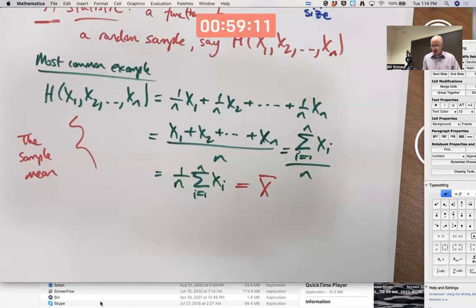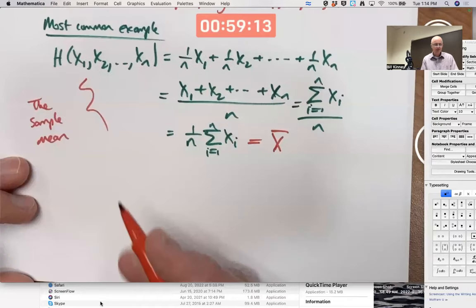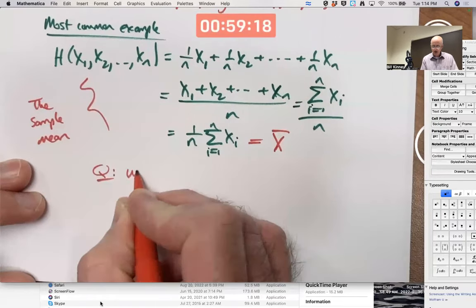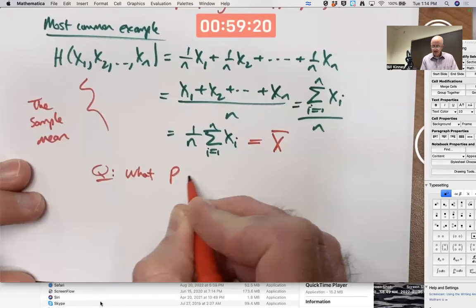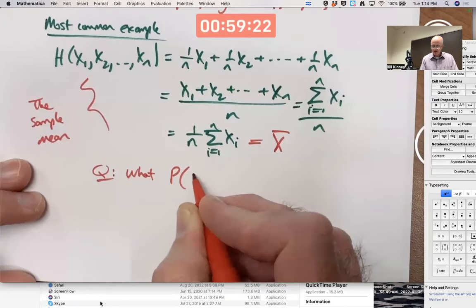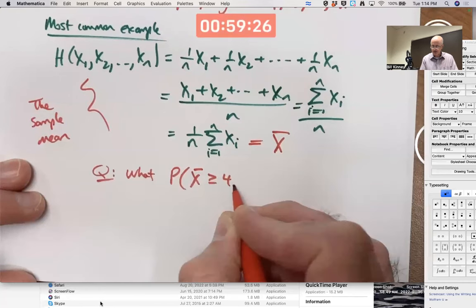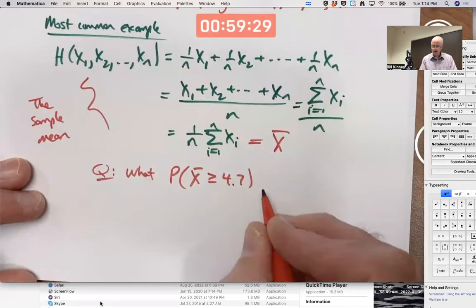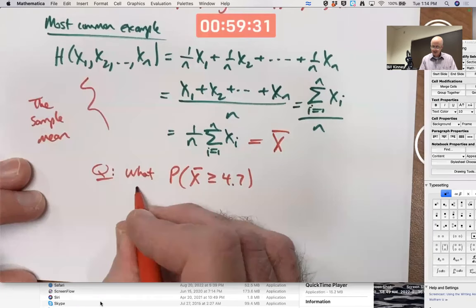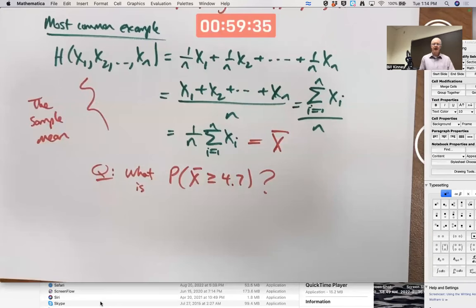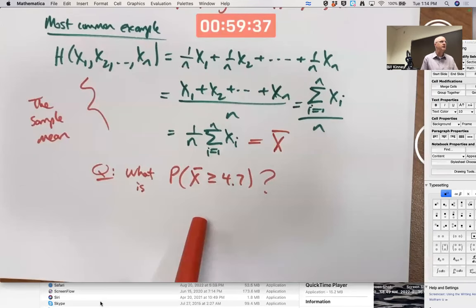You could ask the question, like, in a given situation, what is the probability that that capital X bar is greater than or equal to 4.7 or something in a certain situation? If you're going to calculate that probability, you need to know the distribution of X bar. You need to know its PDF.